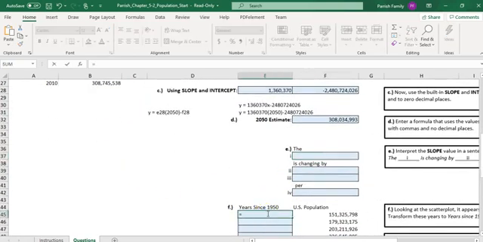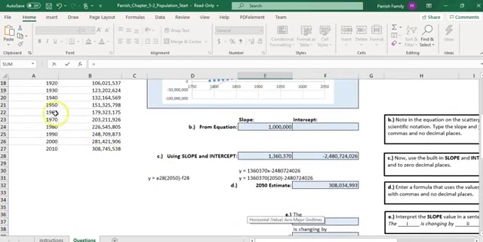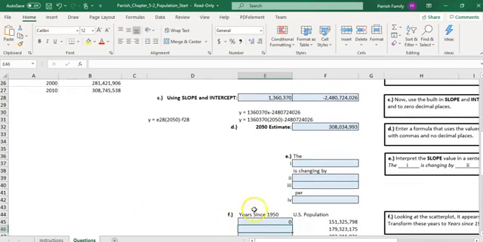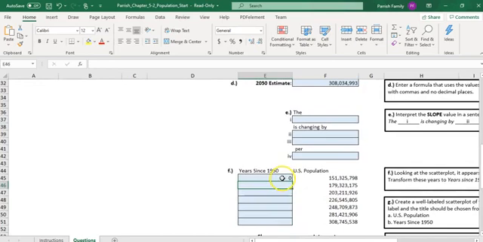We're going to do a little formula here. We're going to do equals, and then this value minus 1950, right? So I'd have 0 years. And then when I fill that down, I end up with 10, 20, 30, 40, 50, 60.